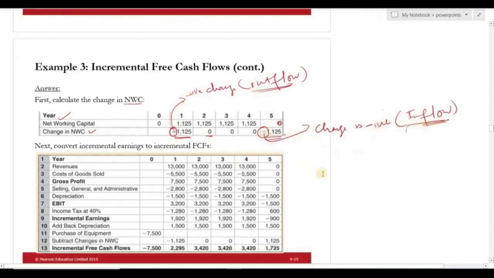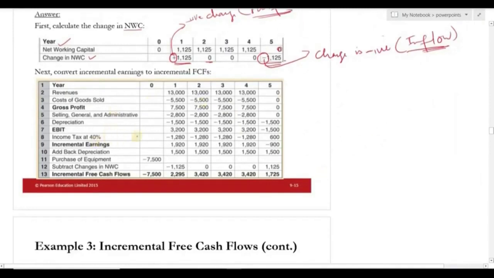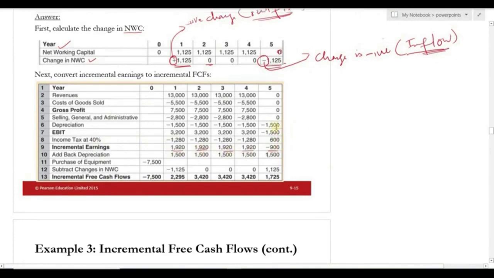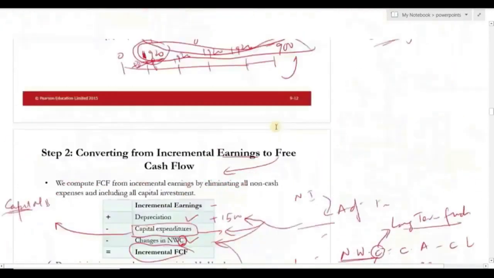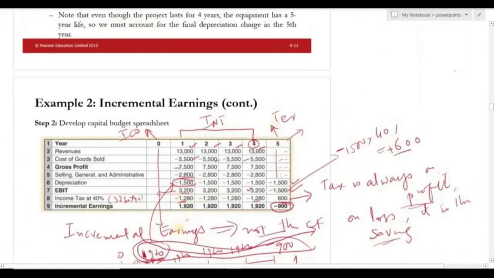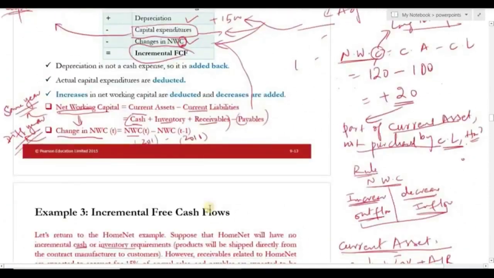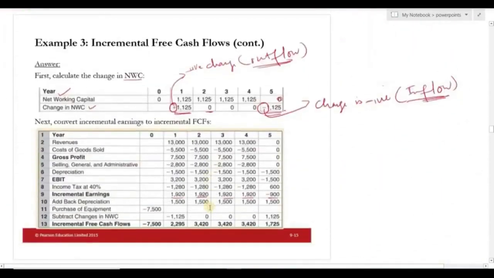Okay, now once we have got these earnings, in the first part, if you remember, we got 1920, 1920, 1920, 1920, and then 600. Now we are converting them into free cash flow. So we are in the process of calculating the free cash flow.